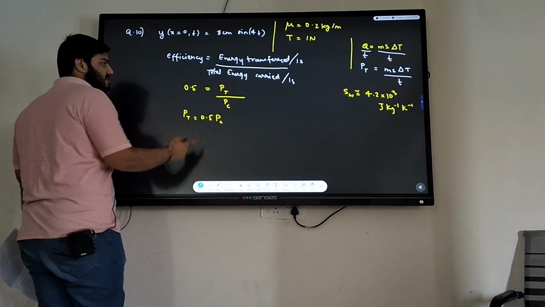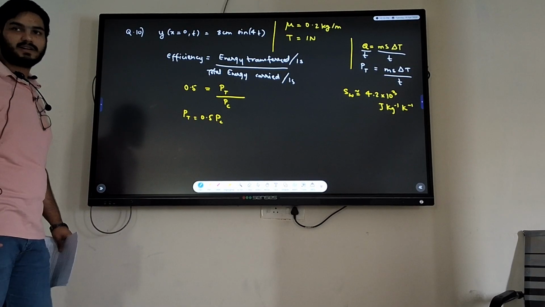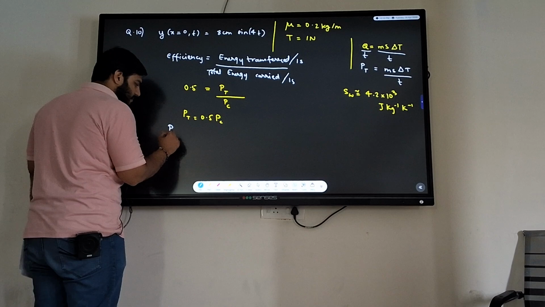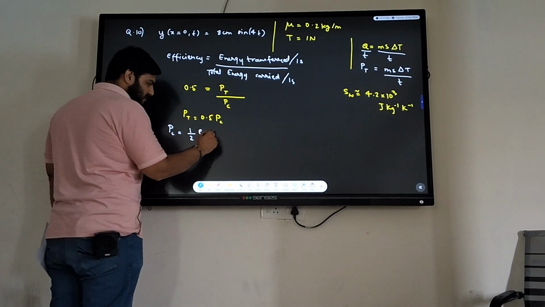Then I can find PC. What is the power carried by a wave? I have given an expression for that. Half rho omega square A square v.